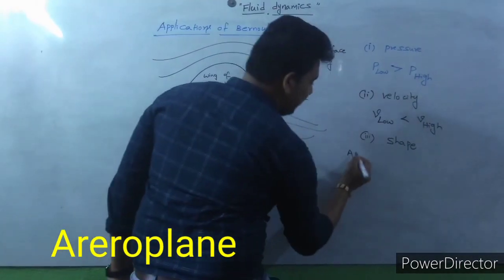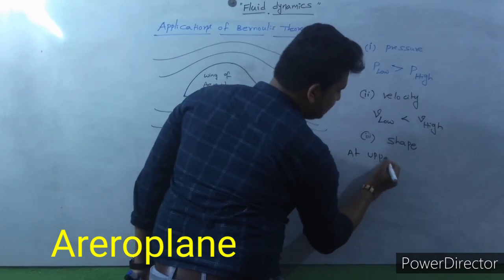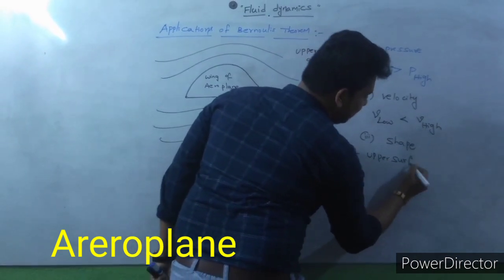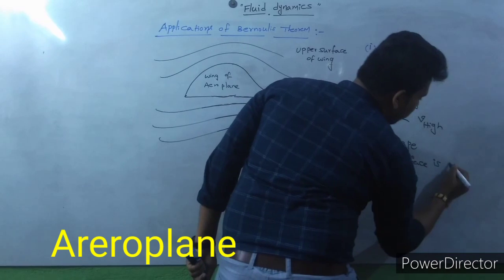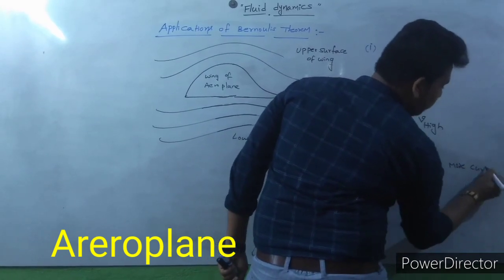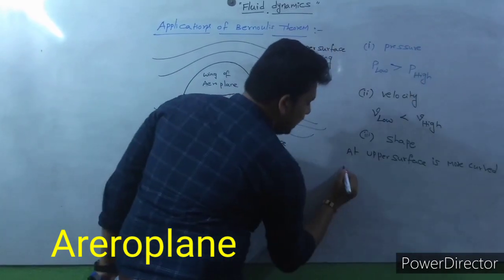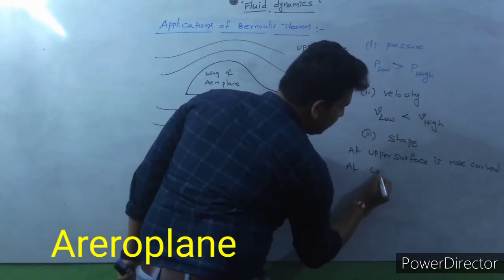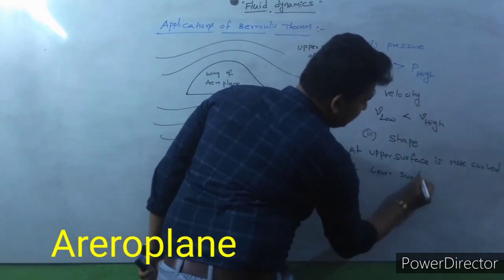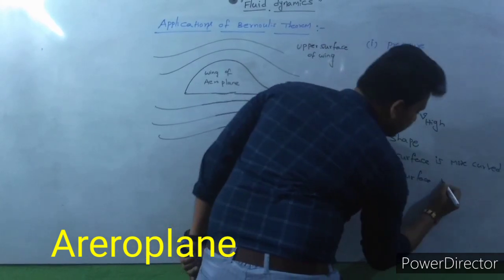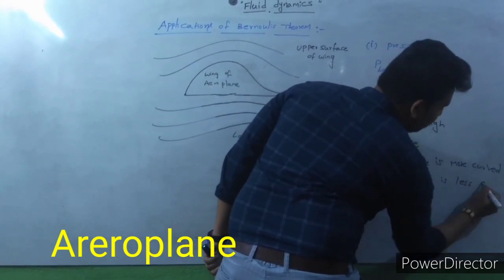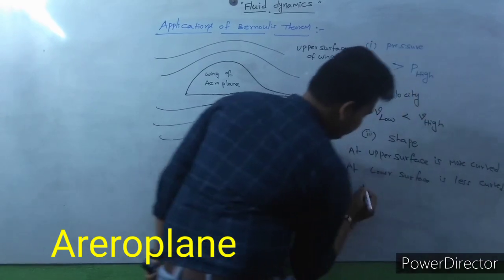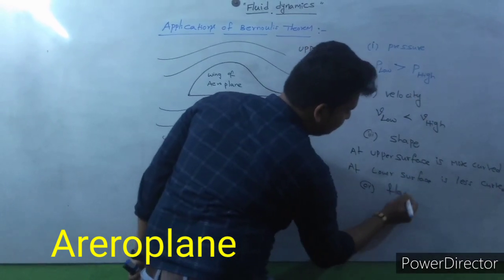Shape: the upper surface is more curved, and the lower surface is less curved or flat.